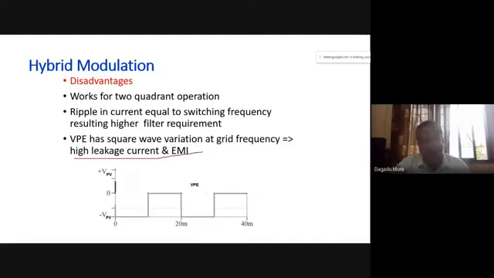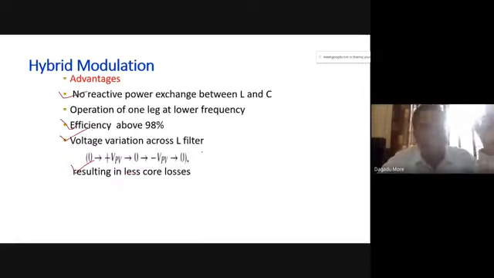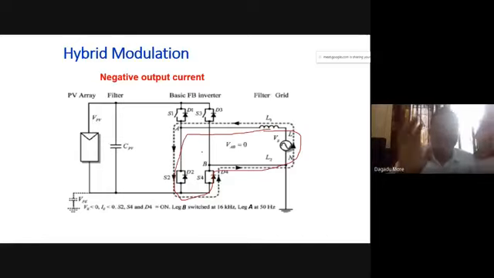Whereas with unipolar modulation and hybrid modulation, we have better efficiency, but high leakage current and EMI. So we conclude here that the conventional bridge is not suitable for a PV inverter feeding power to the grid.